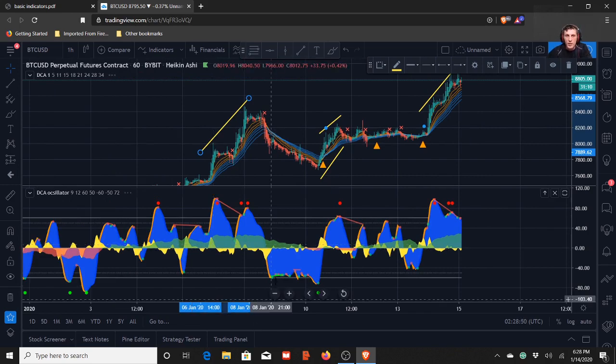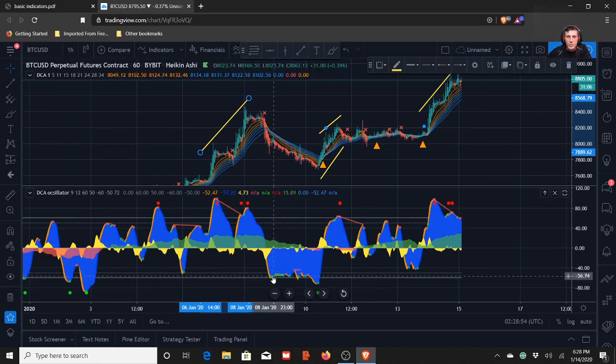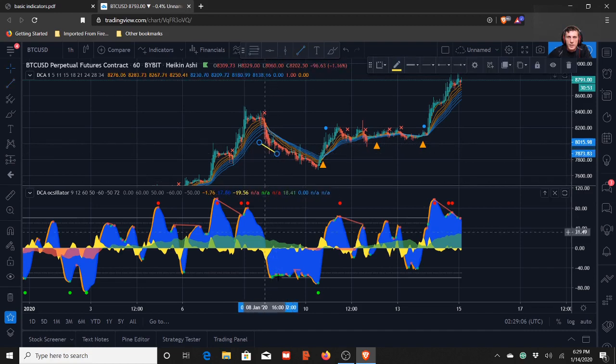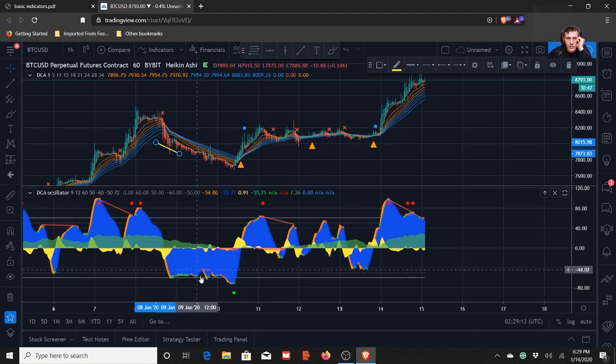And then same with we got a small bullish divergence down here. Okay, this is when our oscillator is moving up and our candles are moving down. So here we got our candles moving down and our oscillator moving up. And then in here is really hard to see, but this is a hidden divergence here.